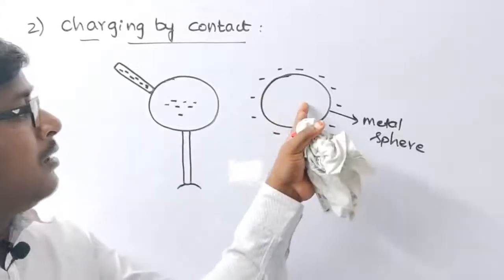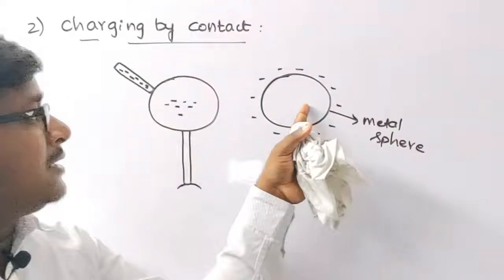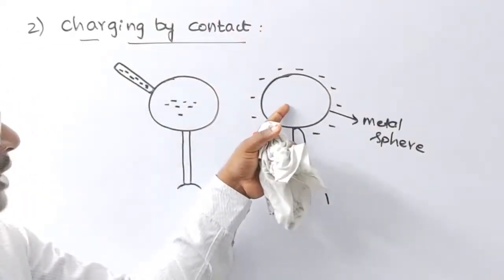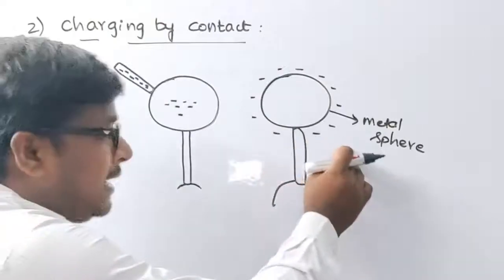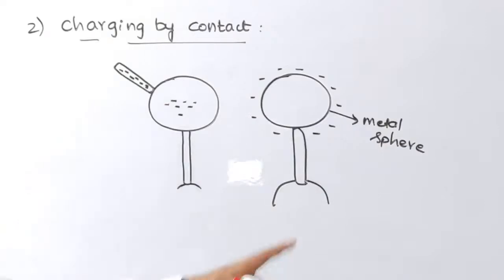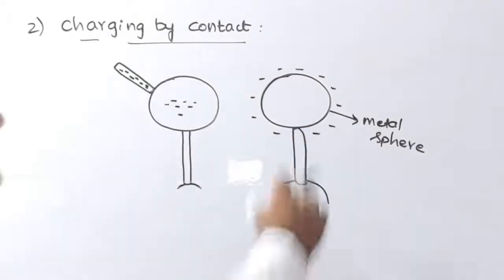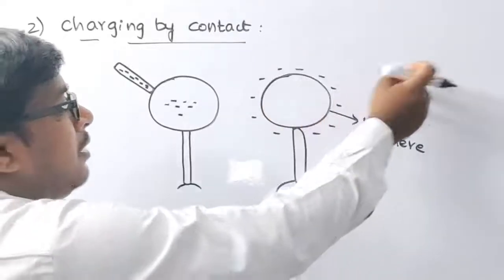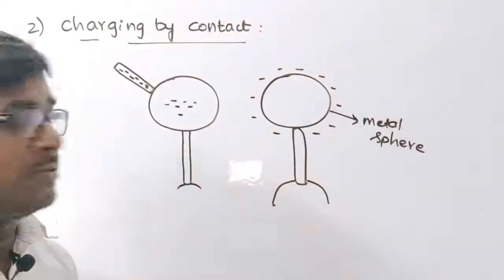But what happens? The positively charged body is rubbed on a metal sphere. So what happens, students? In this case, electrons from the sphere would be transferred to the rod.